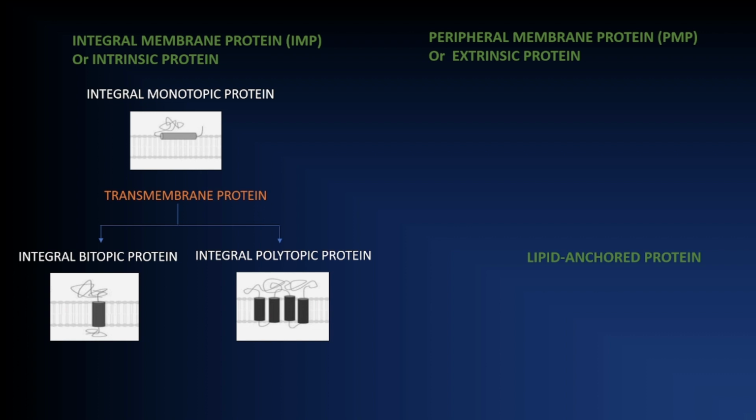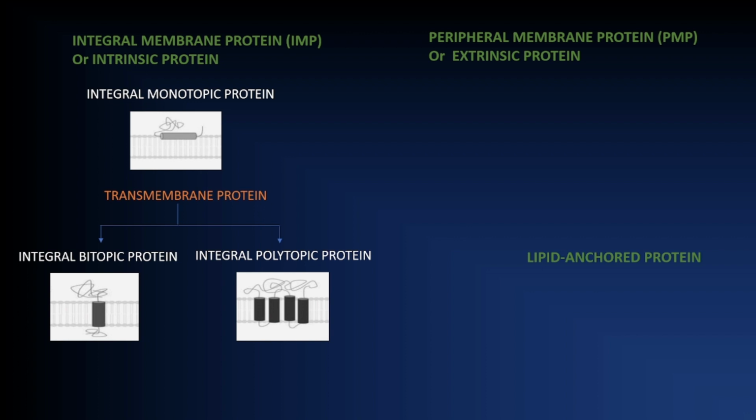The others are integral bitopic proteins or polytopic proteins. They both are transmembrane proteins because they span the membrane and expand beyond the membrane. The difference between them is the number of membrane spanning regions. Bitopic proteins have one membrane spanning region and polytopic proteins have multiple membrane spanning regions.